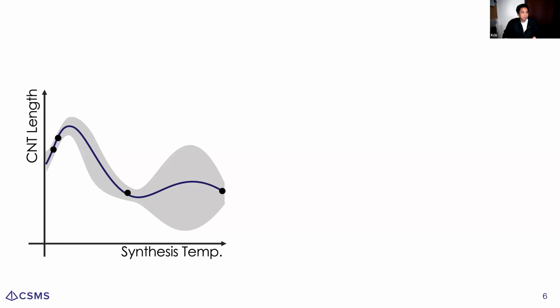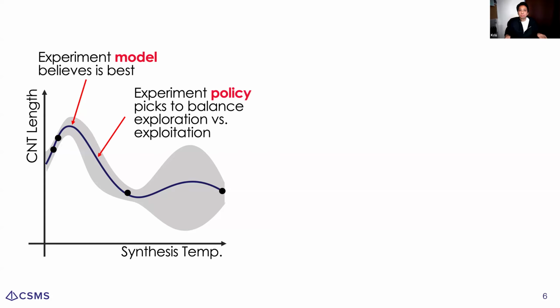We have what the model thinks is the best experiment. This is a choice of the model. And we have what the policy thinks is a good balance between exploration and exploitation. And these two experiments are not the same. We have a choice by the model and a choice by the policy, and these are picking two different things based off of their goals. And so that leads to a few key observations.